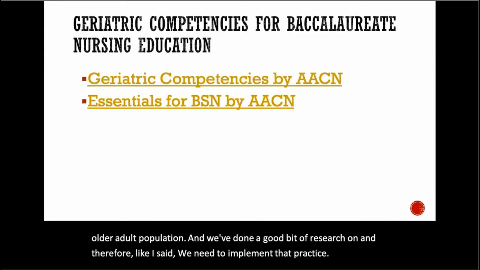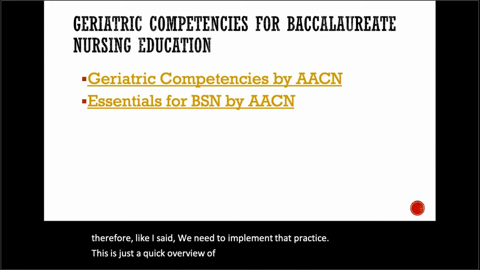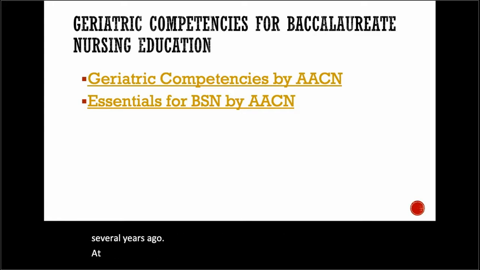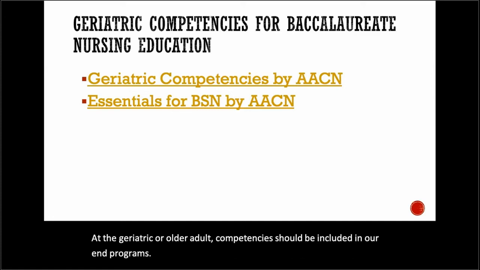This is just a quick overview of these things. Not a huge deal here, but the AACN, the American Association of Colleges of Nursing, laid out several years ago the geriatric or older adult competencies that should be included in RN programs.